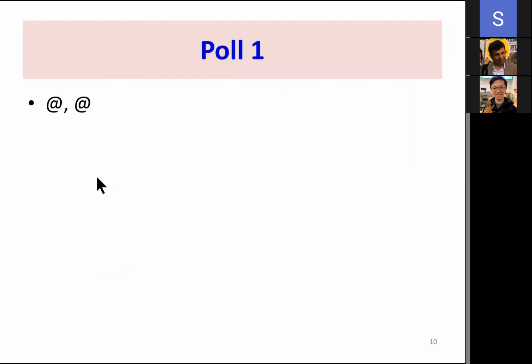So here is a first poll to make sure that you actually understood what we're talking about over here. And let's release this poll. Yeah, the poll is on Zoom, and guys, you're going to have to bear with me.